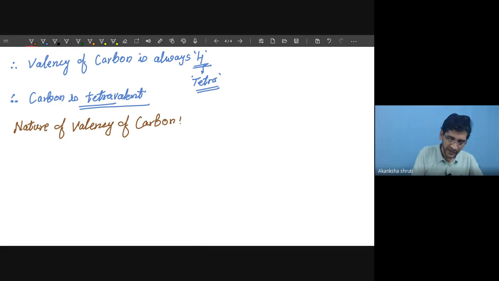Students, again, we have to consider the electronic configuration, and we have to apply the possibility of accommodating or losing electrons, whether it is possible or not. Those things we will observe and analyze, then we can say whether it could be electrovalent or covalent.